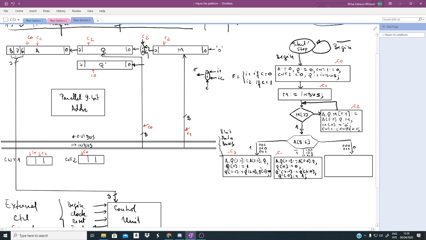I need C3 in all these three cases, because I activate C3 when I shift through registers A, Q, and Q prime.